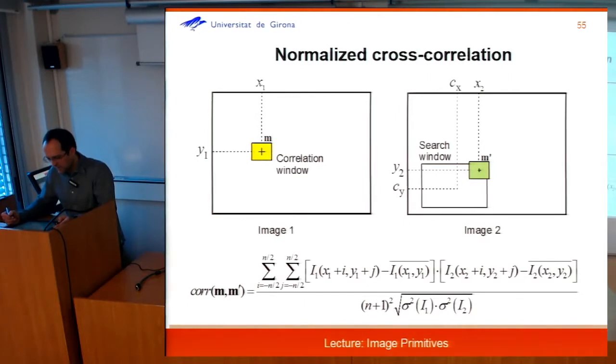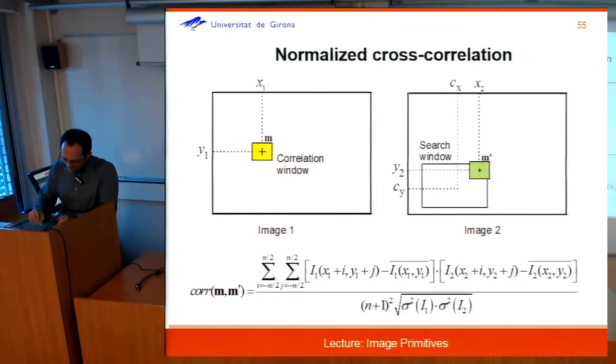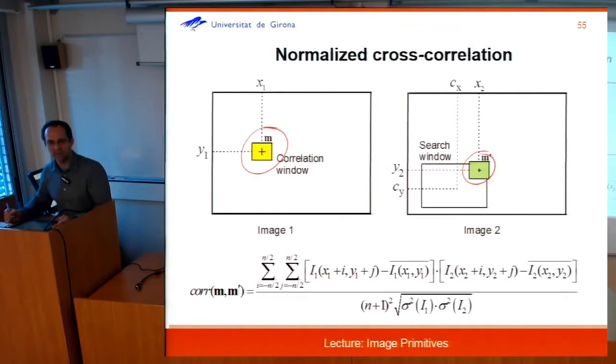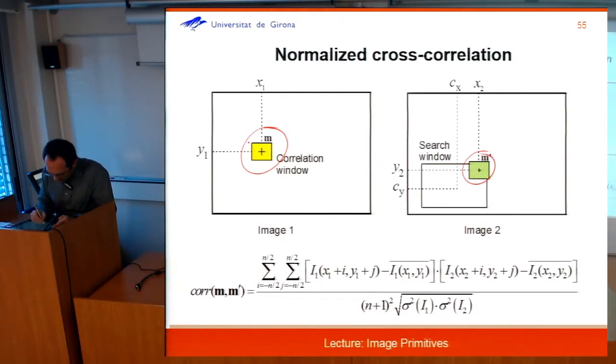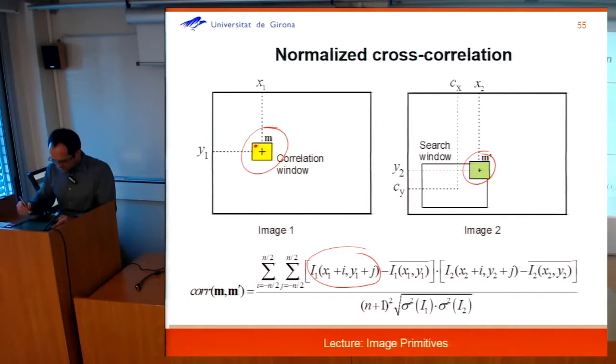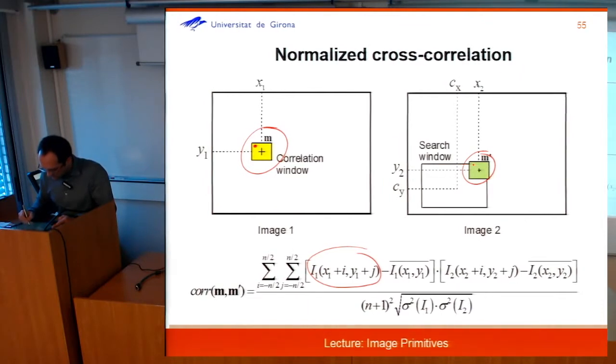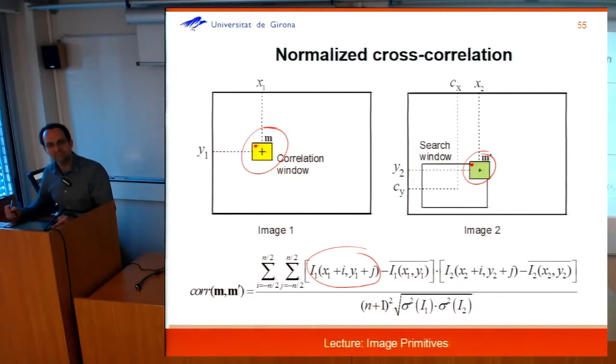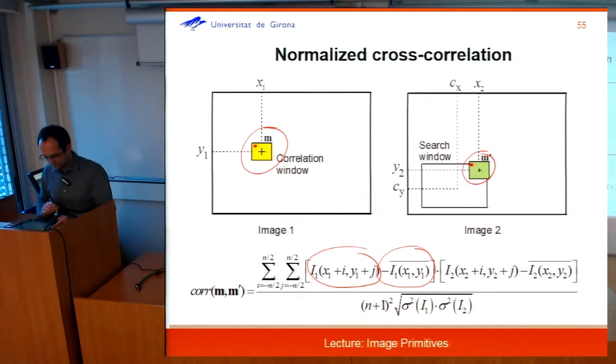So the idea of normalized cross correlation is, now let's consider only this patch and this patch again, like before. What I'm going to do is I take the first pixel in the first patch, which is this thing here, and instead of just multiplying it, as in correlation, by the intensity of this other pixel, first I'm going to subtract the average intensity of this window.